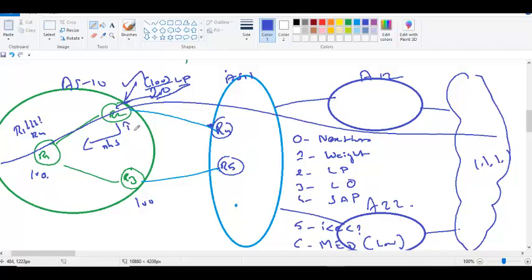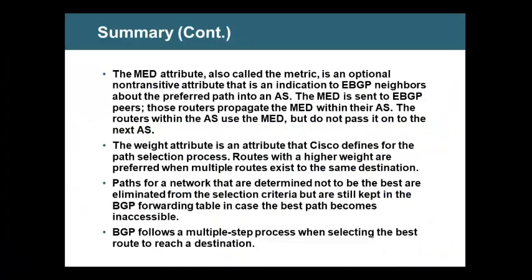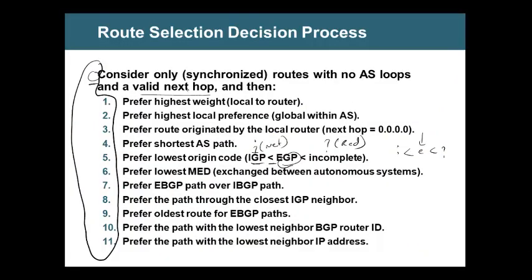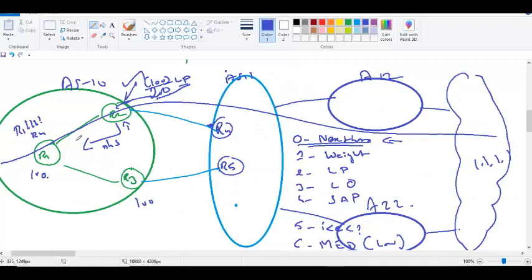Okay, I appreciate it. See, you started thinking. Only when there is a tie in weight, it will come to local preference. If the weight is not a tie, it won't come to local preference. Even if you set 200, it is of no use. Why? Maybe in R1, you might have given high weight towards R3.